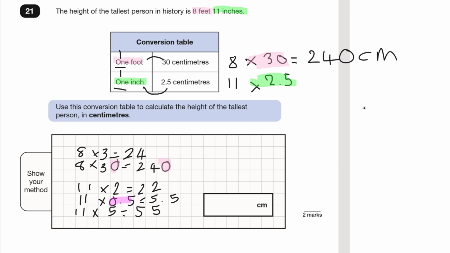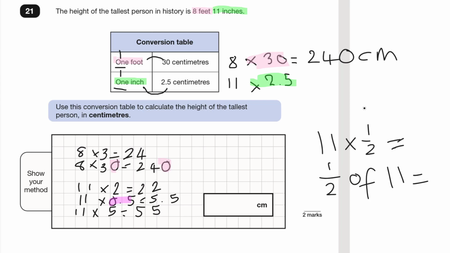Another way: 11 times a half is exactly the same as half of 11. Half of 10 is 5, half of 1 is 0.5, so it's 5.5.